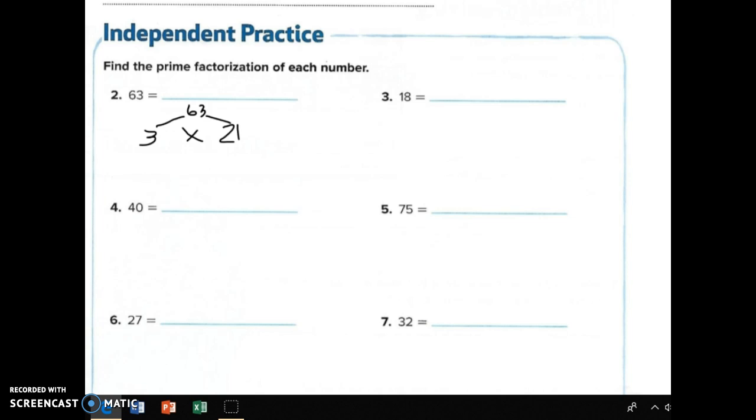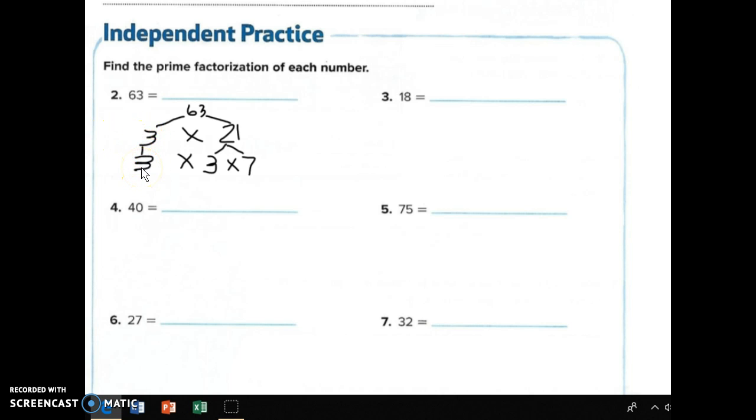21. What are the factors of 21? Think about it. 3 goes into 21 7 times. Let's write it down. There you go. We have 3. We bring down the 3.